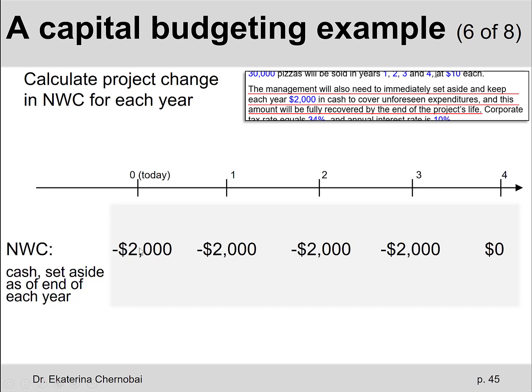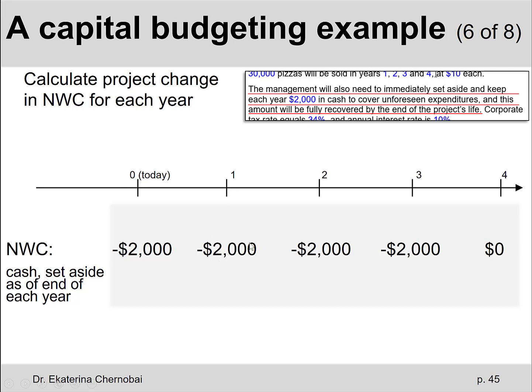So we have minus $2,000 in year 0, an immediate drop or investment, right? Cash outflow. Then it's another, well, I shouldn't say another because I don't want to confuse you. You put $2,000 negative under year 1, which indicates that we have the same total amount of cash in our reserve as of end of year 1.